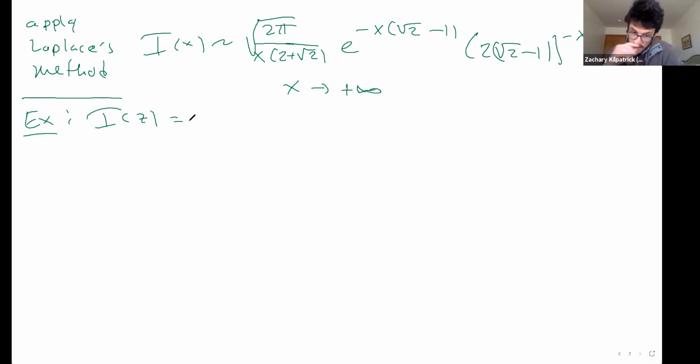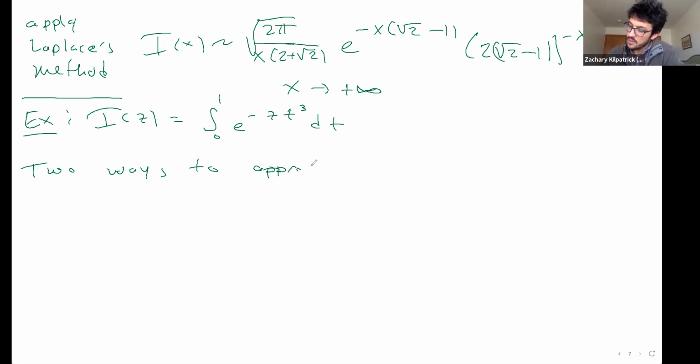So let's take the following example. Integral from 0 to 1, e to the minus z t cubed dt. Okay. Now it turns out there's two ways to approximate this integral.